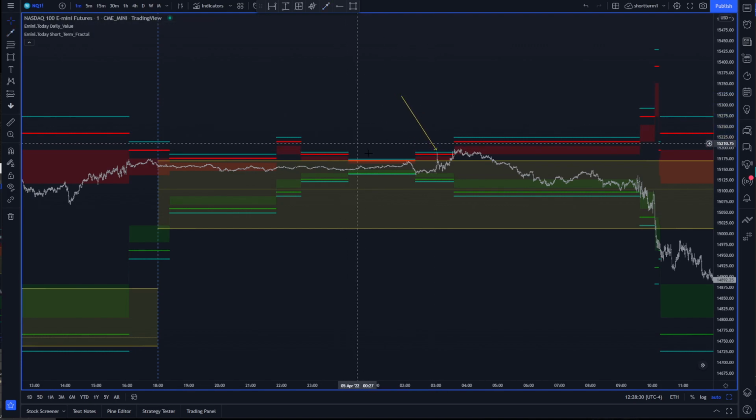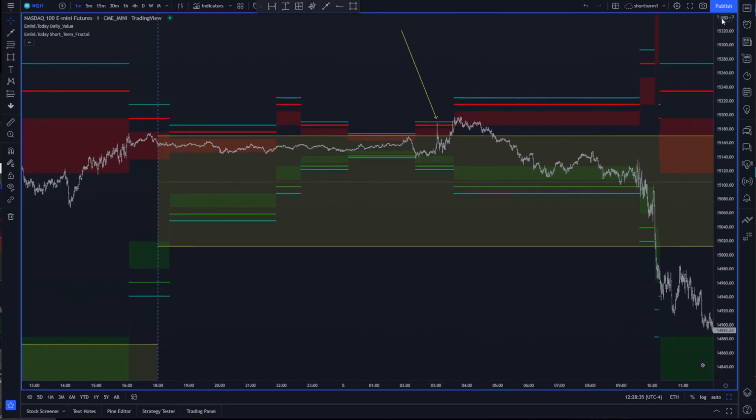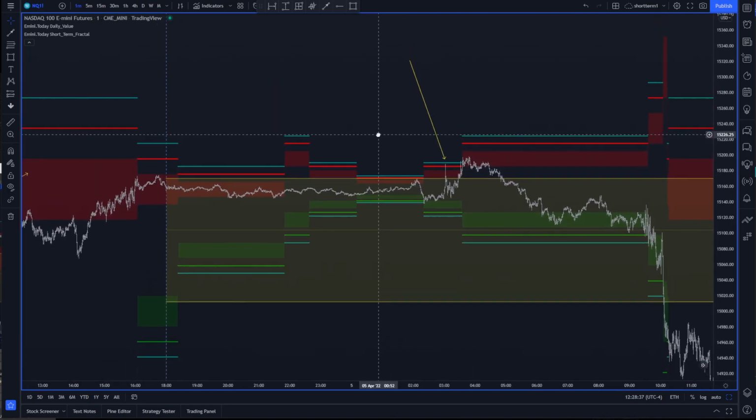and here you have expanding. Let's zoom it in. You have expanding fractal here, so the volatility expands, and so this is your first trade here, and you would be like stop break even here.